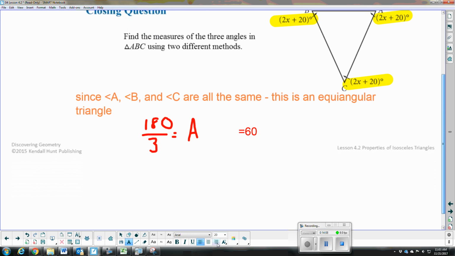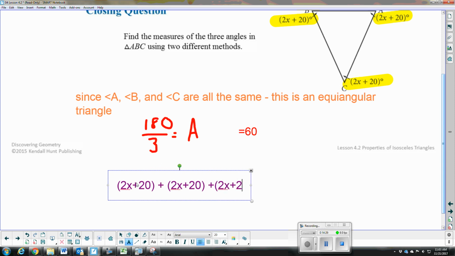Now the other way you could do it is, I think, a little more complicated, but if you didn't realize that these were all the same, this is how you would have to do it. You could add up all of these angles. So angle A plus angle B plus angle C, and say that that equals 180 degrees.